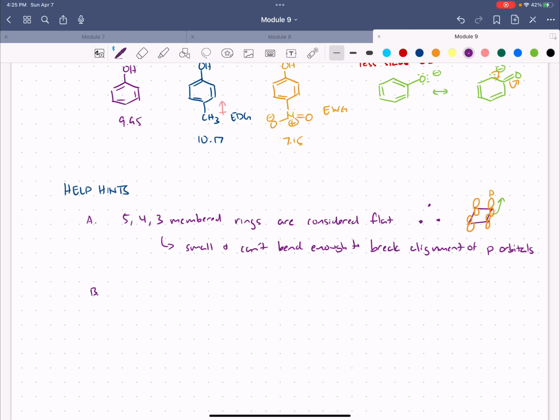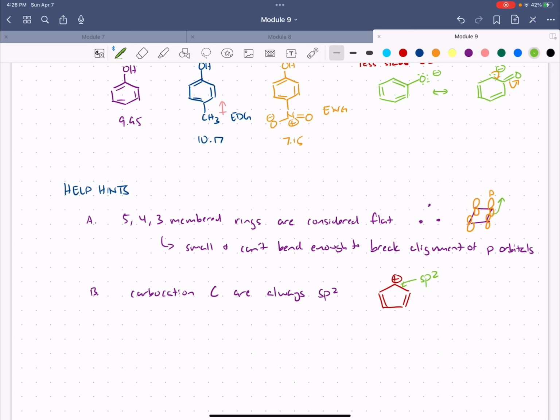B. Carbocations, or carbocation carbons, are always sp2. So there's no choosing there. For instance, in this molecule here, if you're making your list of molecules that are aromatic, non-aromatic, and anti-aromatic, that carbon there has to be sp2.